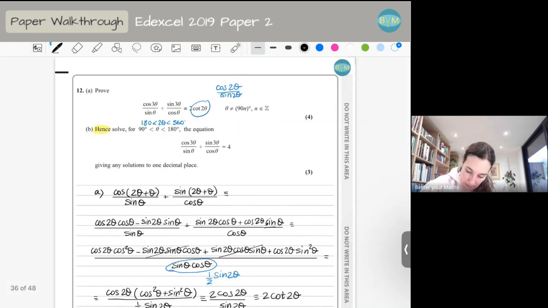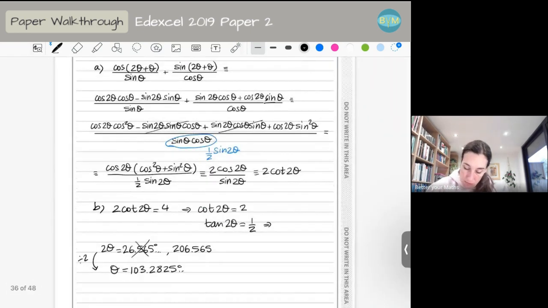We have to round to something, no? To 1 decimal place. So when we round that to 1 decimal place, it's going to be 103.3 degrees to 1 decimal place. And that's my only solution. Yeah. Is it clear? Yes? No? Perfect. Any question?